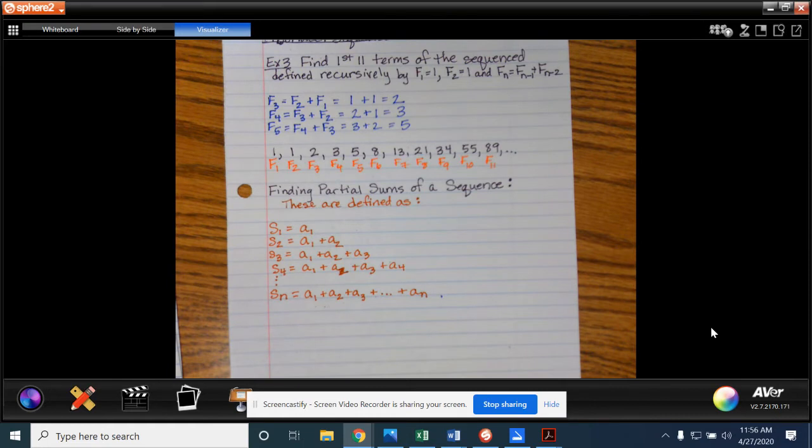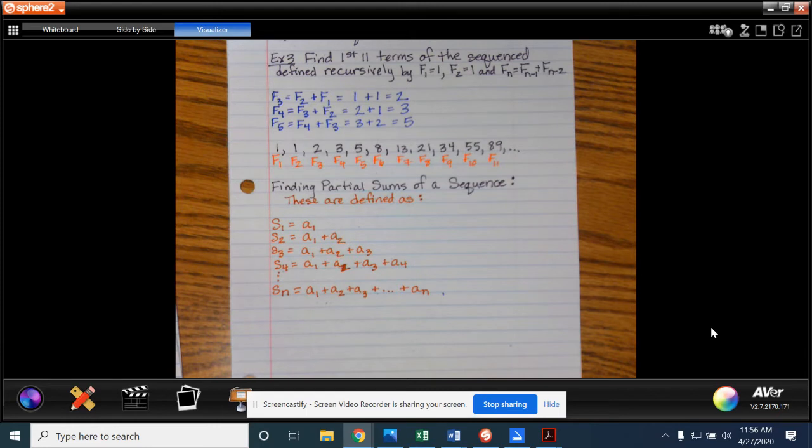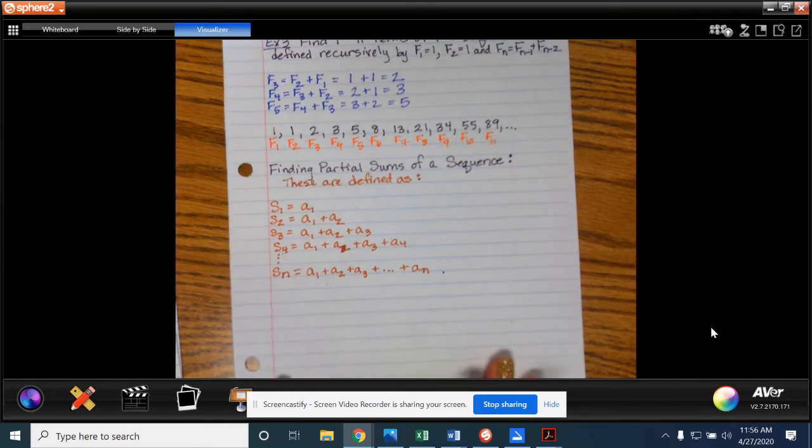So maybe you want the 25th, so I would go to the 25th position. And that would be the definition of what a partial sum is. We're also going to find out in the next lesson about what the formulas are for the partial sums of an arithmetic sequence. So let's try another example.